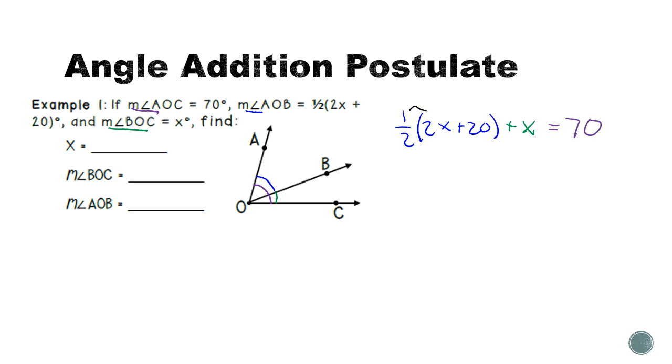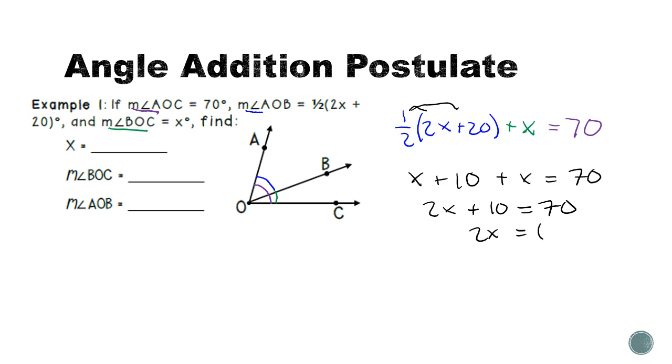These are algebra skills. Distribute. 1/2 times 2x is x. 1/2 of 20 is 10. Combining like terms, 2x plus 10 equals 70. And we're going to solve for x here. Subtract 10 from both sides. So x equals 30.